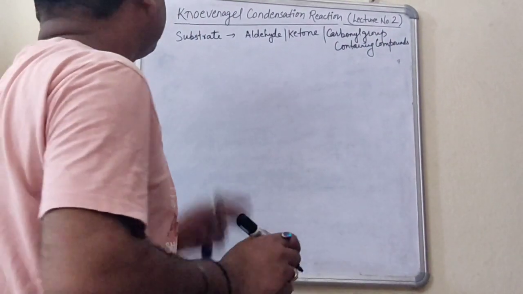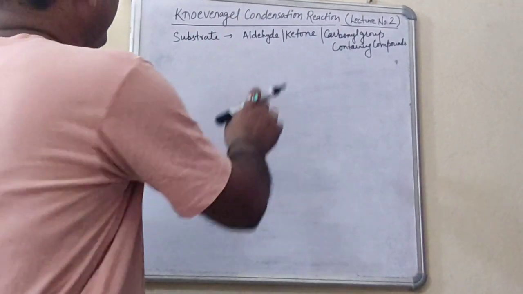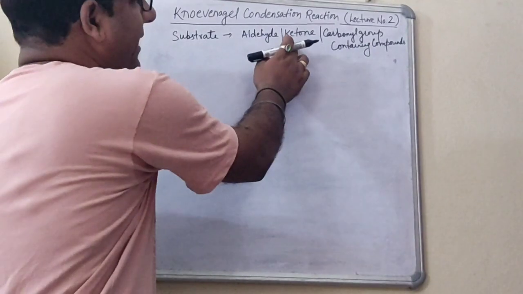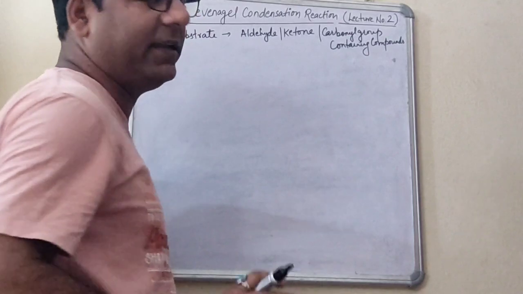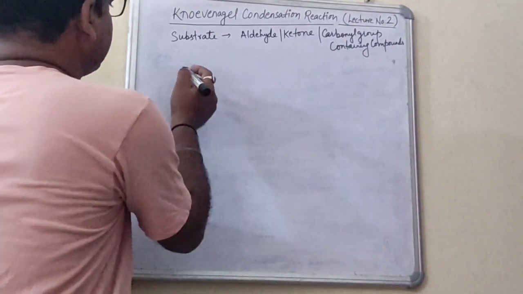So students, this is the substrate that we have to use for this reaction. We can choose any aldehyde, whether it is aromatic or aliphatic, or any ketone or any carbonyl group containing compounds. Right, now let us see the definition of it.